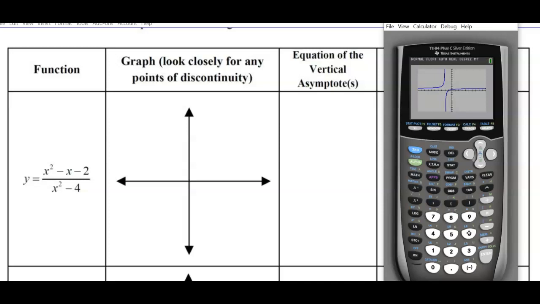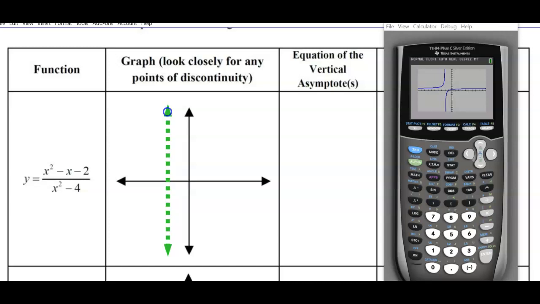Okay, so that may not have been what you expected because there's two non-permissible values in that. I only see one asymptote. So now that we've learned maybe there's points of discontinuity, we'll have to figure that out. So you're doing a sketch.